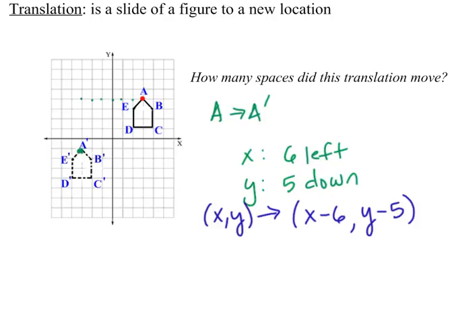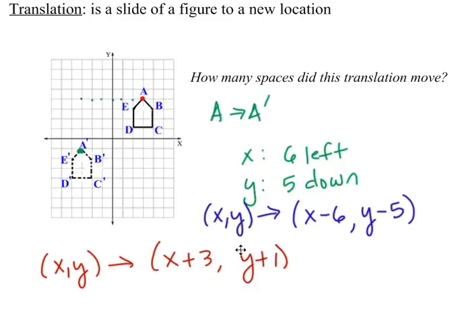Now let's practice doing something a little different. What if I told you that we're going to take the point X, Y and we're going to change it by this? What this is saying is take the point X, Y, which would be this one up here, this point A. And what we're going to do from here is go positive 3 on the X. So 1, 2, 3, and positive 1 on the Y. So that's going to relocate A prime right there.